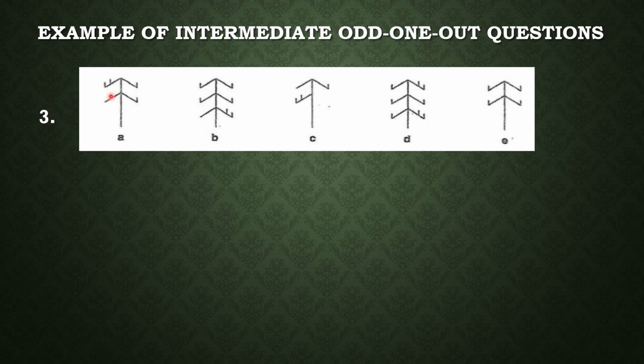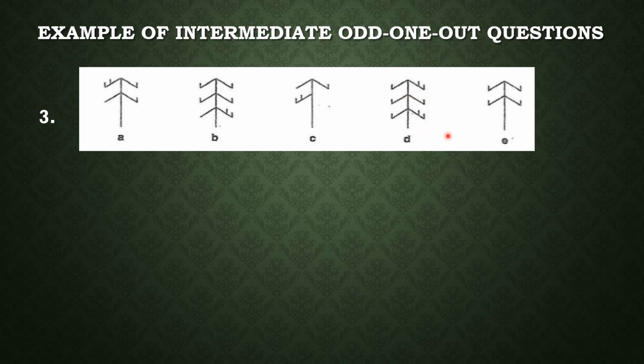Here we have four vertical lines and four horizontal lines. Here we have six vertical lines and six horizontal lines. Here we have three horizontal lines and three vertical lines. So the rule here looks like a matching number of horizontal lines and vertical lines.